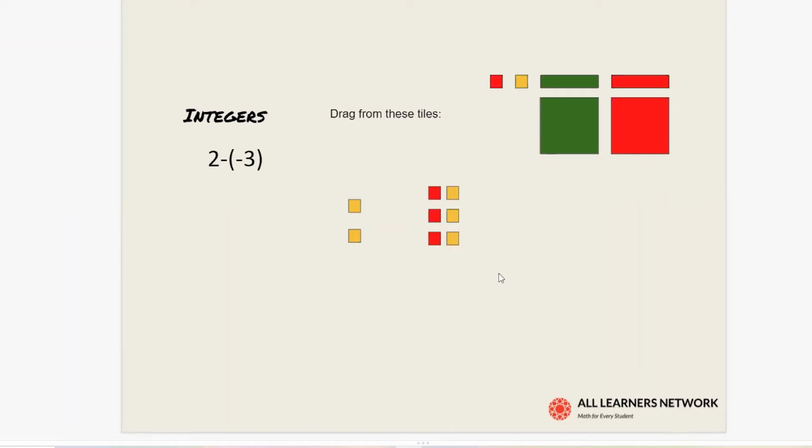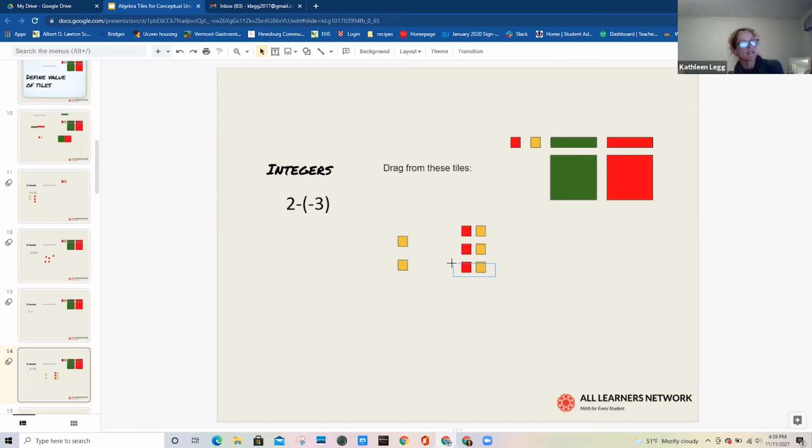And even if they only put 2 of them on there, sometimes you can build a little trash bin on the side. Some of the old apps that have gone away with Java had a little trash can. When you didn't need a tile, you would put it in the trash and it would disappear. But I just put it over to the side. So now I have 2, I need to subtract 3 negatives. Well, I'm going to take away 1 negative.